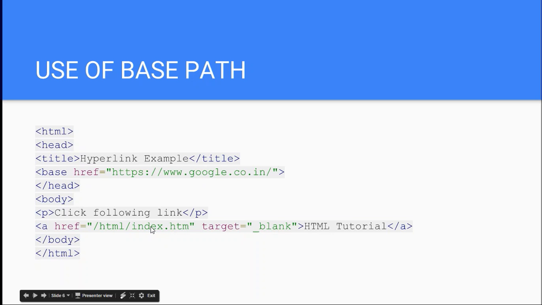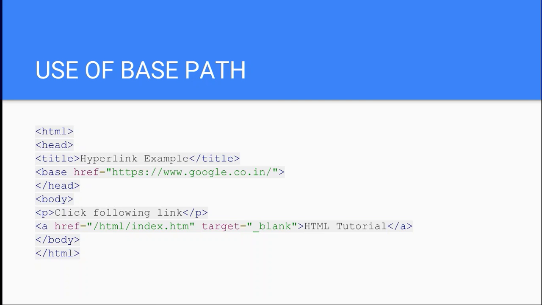If it is home, it will take you to the home of a Google page. If it is contact, it will take you to the contact of a Google page. Basically there is no index or contact or home for Google, so this program is not going to work because there is no index file for Google, but I'm explaining it for example.